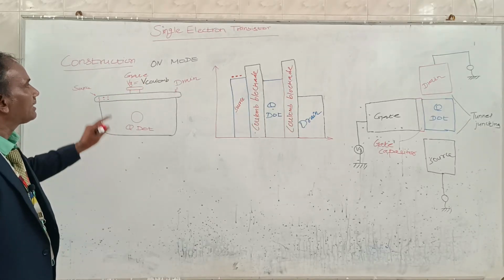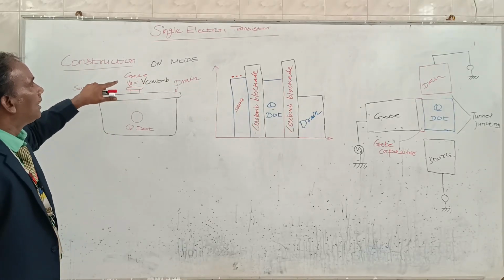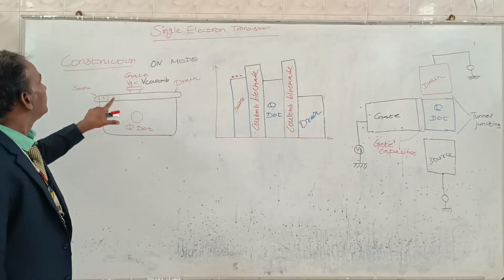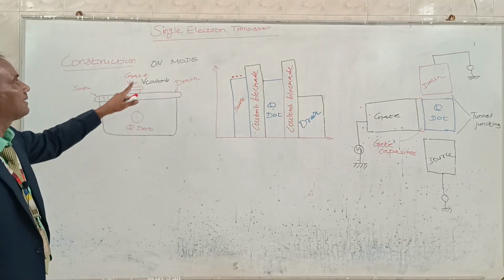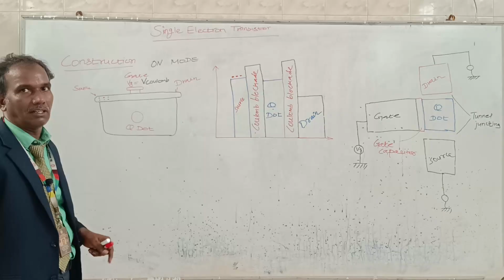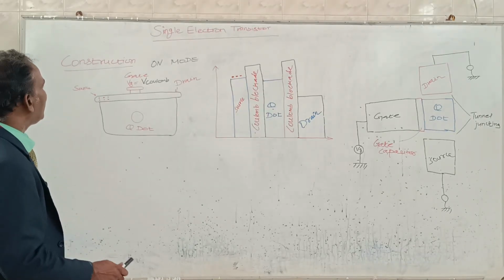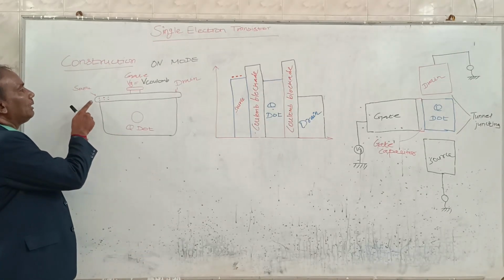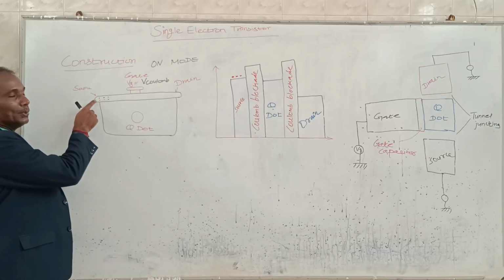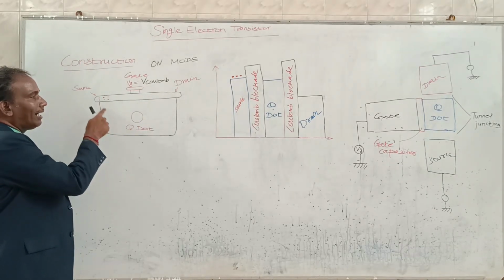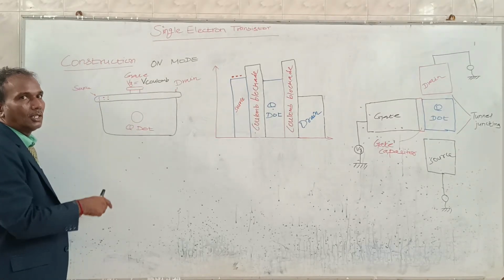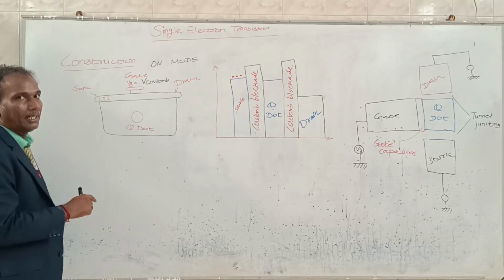So in the case of on mode, the single electron transistor is in the on state, so that the electrons will move from source to drain via the quantum dot, one by one.